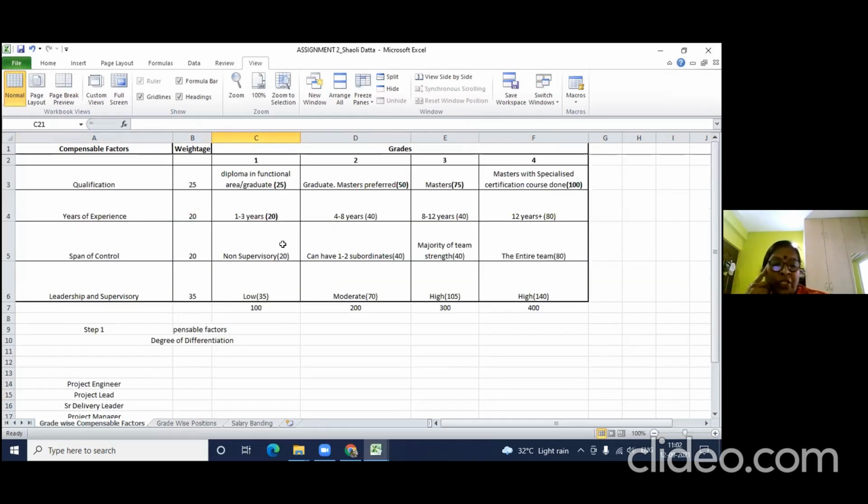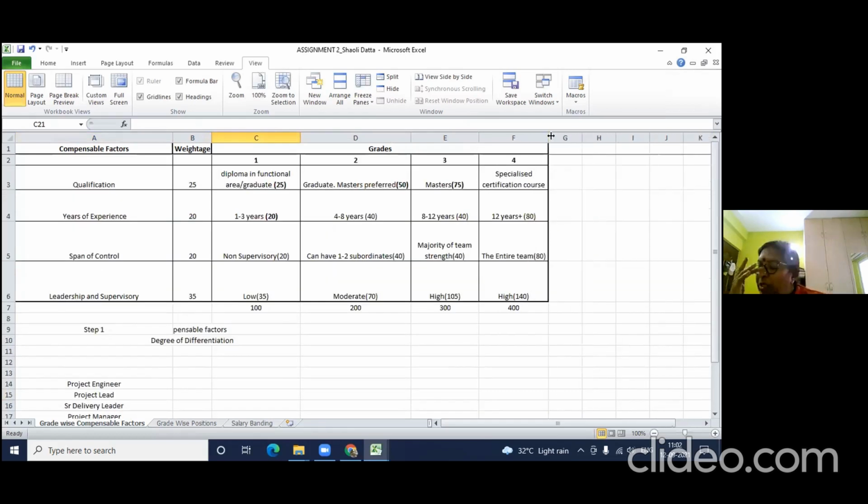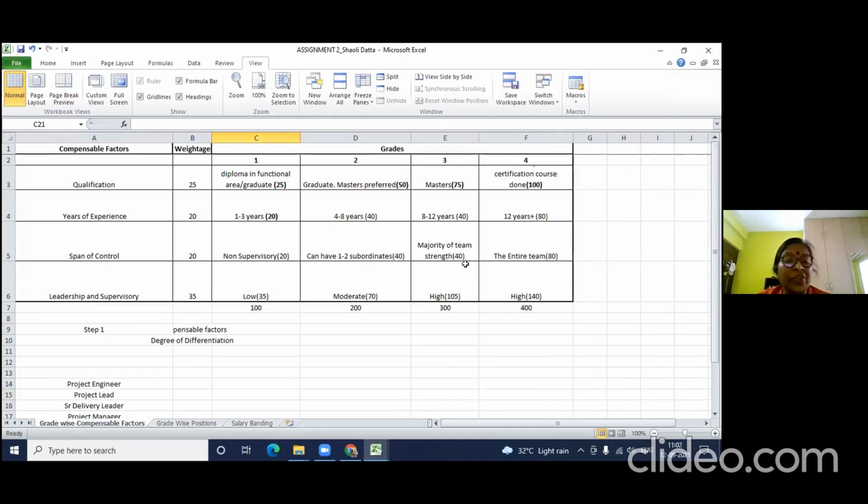So look at project manager. Typically, you have also gone through the job description, right? Project engineer. So assign your points for qualification. First, somebody can take a sheet of paper and write. So project engineer, where will you have 1, 2, 3 education?